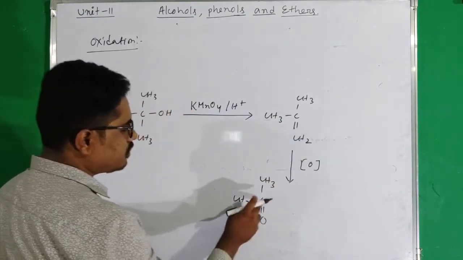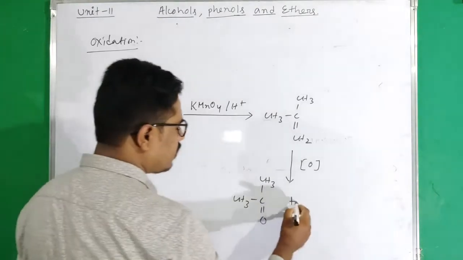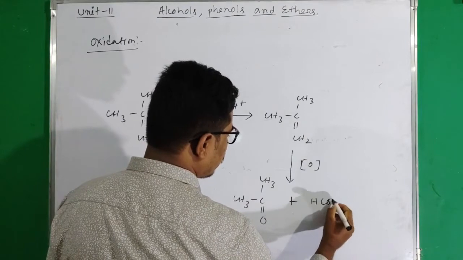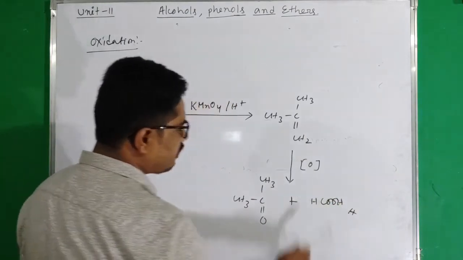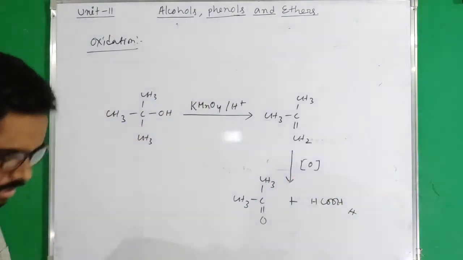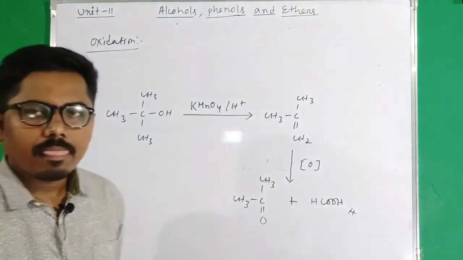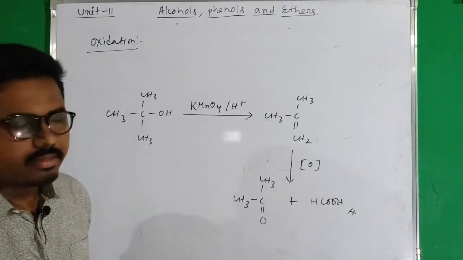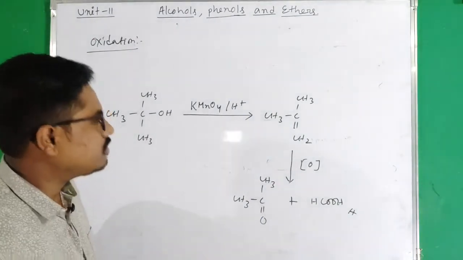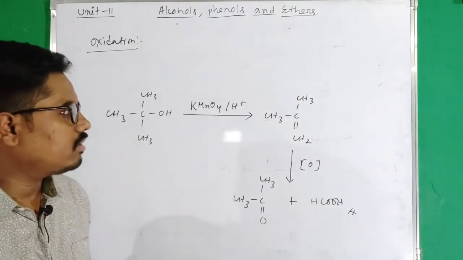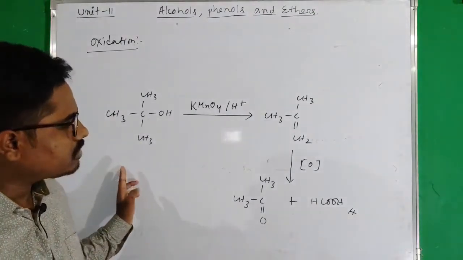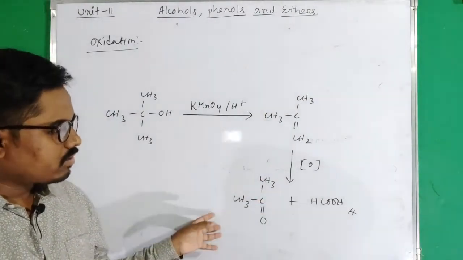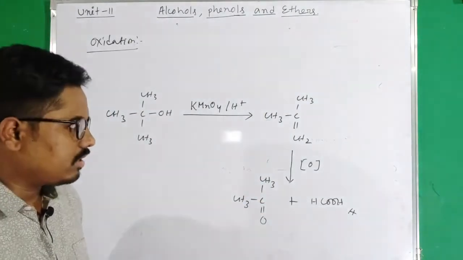This one is ketone, CH3, C double bond O, CH3, and this portion will be converted into carboxylic acid having one carbon atom. Okay, so always remember that tertiary alcohols are not oxidized by weak oxidizing agents, but a strong oxidizing agent like acidified KMnO4 oxidizes tertiary alcohols into alkene, and finally a mixture of ketone and carboxylic acid is formed.